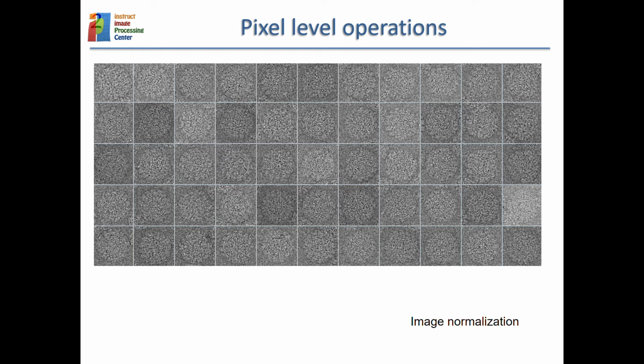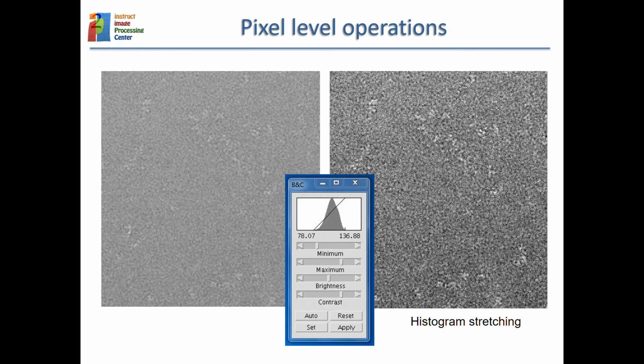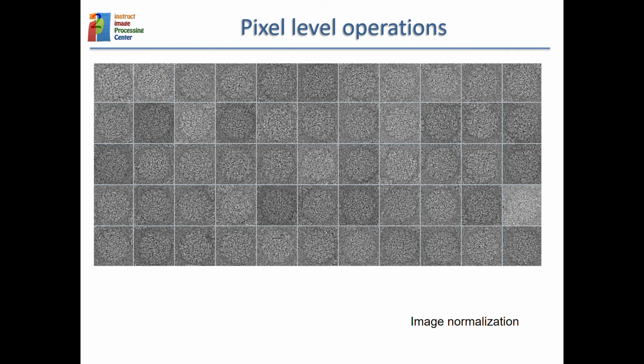And you can also do this image normalization. You can do it at the level of the micrograph, or at the level of individual particles. At the level of individual particles, the minimum and maximum are also mapped between 0 and 255, and the minimum of each image is different between different particles, so the transformation for each particle is slightly different from the others.